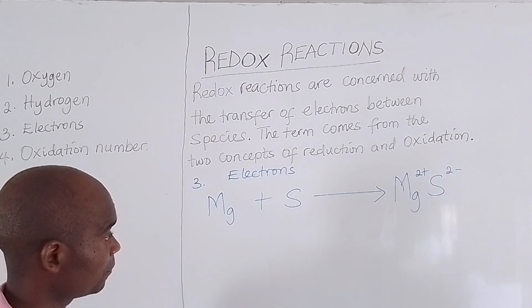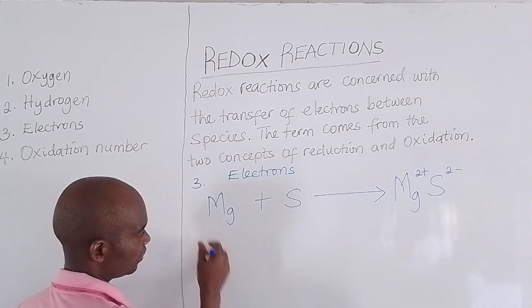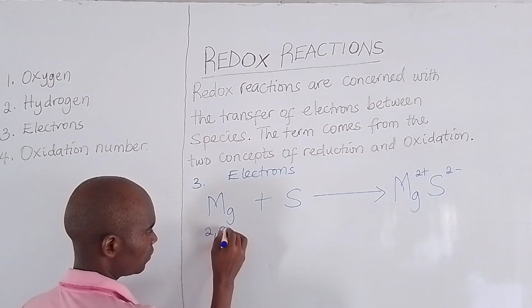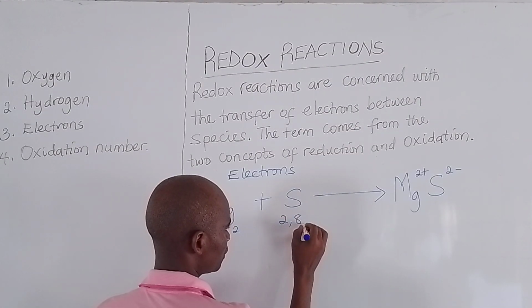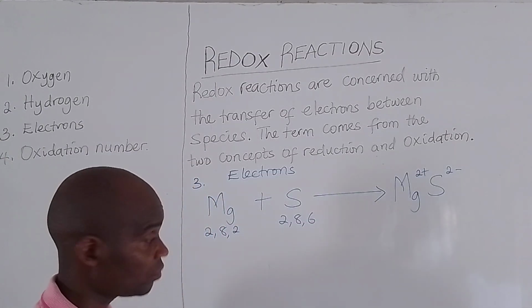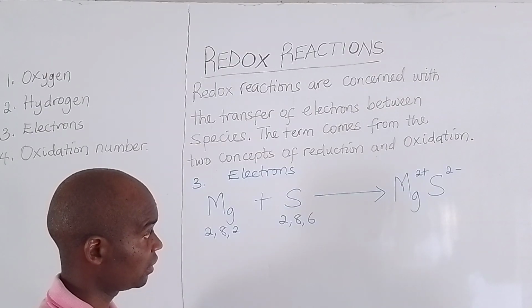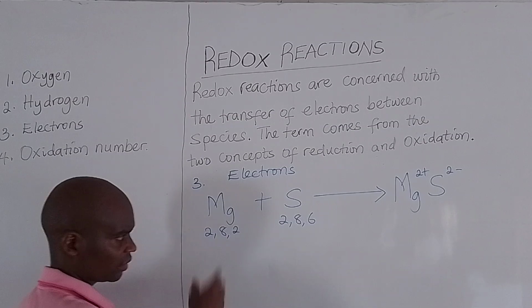Explain this. Magnesium is element number 12. Sulfur is element number 16.